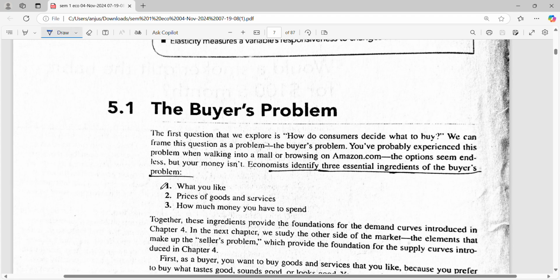The first one is what you like. What you like means the benefits that you receive from consuming goods and services are direct results of your taste and preference. So economists assume that consumers attempt to maximize their benefits from consumption. When you buy something, you choose what you think will give you the most satisfaction, or say utils. Utils means the satisfying capacity of a commodity.